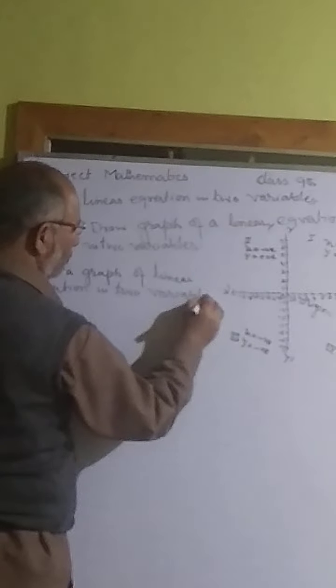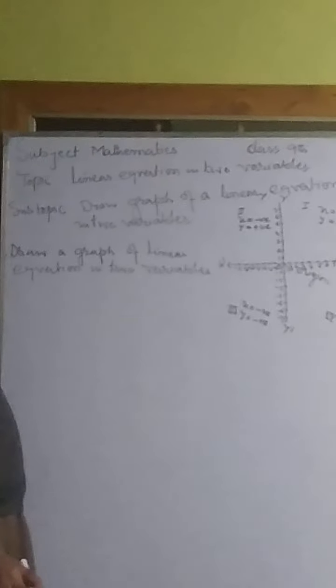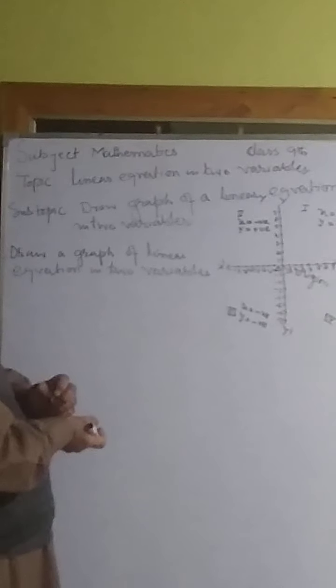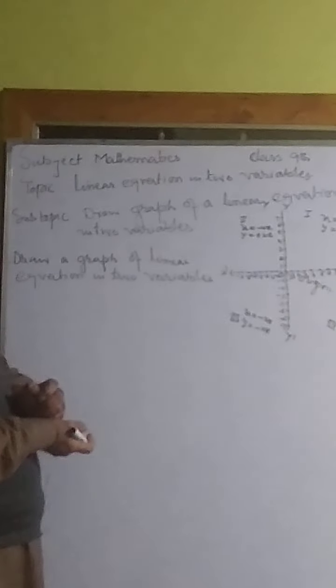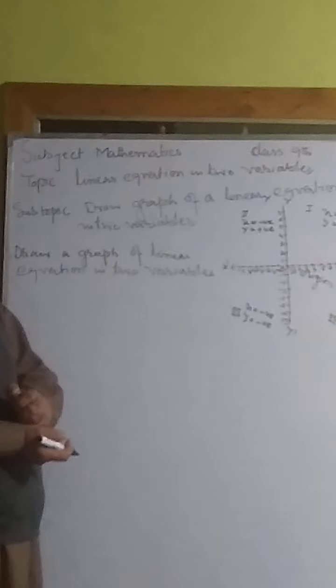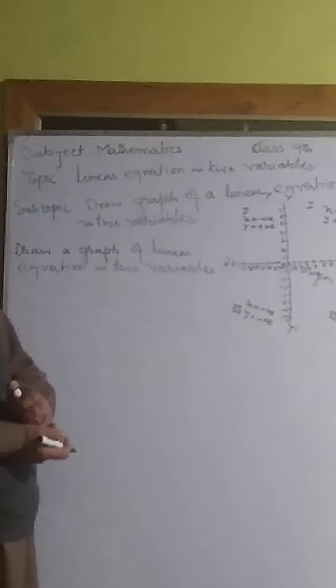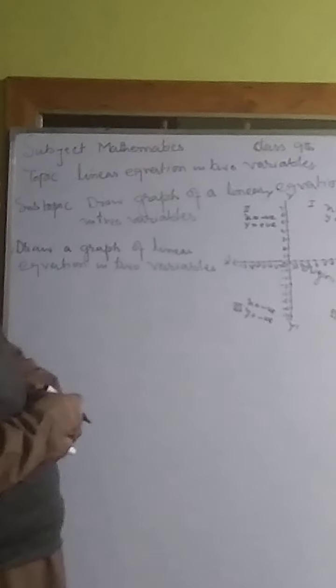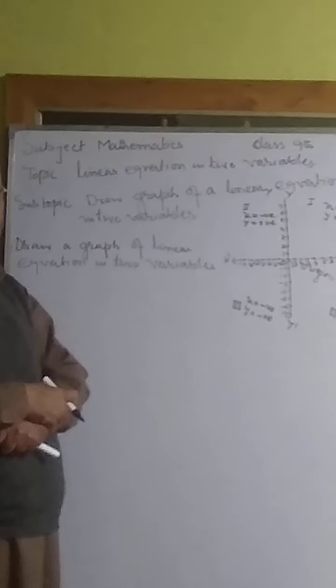A linear equation in two variables is an equation ax plus by plus c is equal to 0, where a, b and c are real numbers.